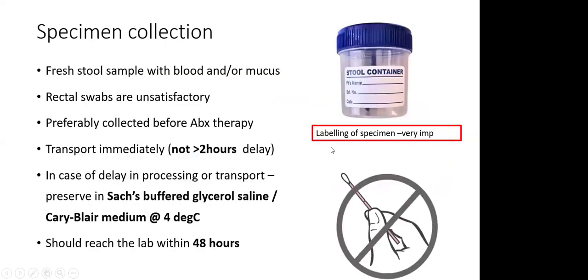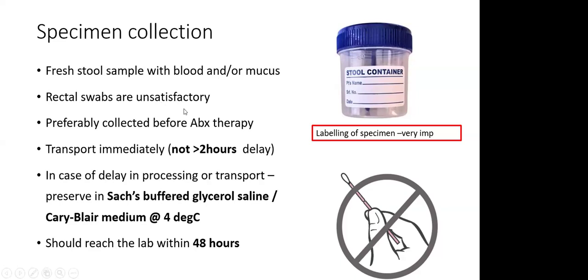For a microbiological examination, specimen collection is the most important step. We must use proper specimens in a proper container, and proper timing should be there. A fresh stool sample with blood or mucus is the ideal sample for culture and sensitivity for Shigella.